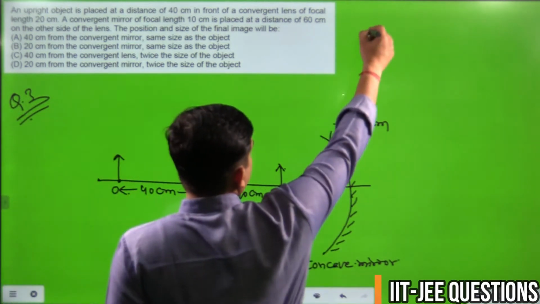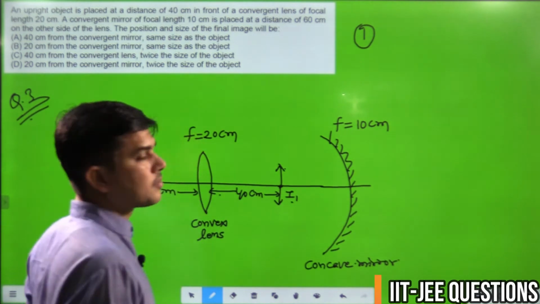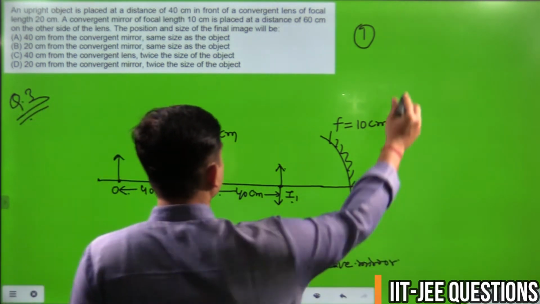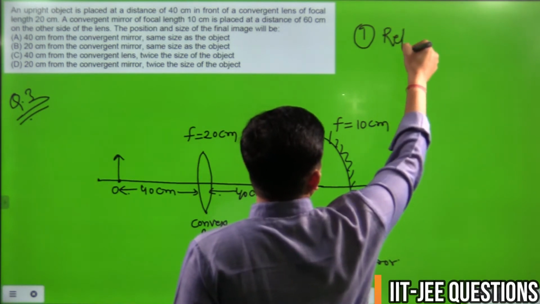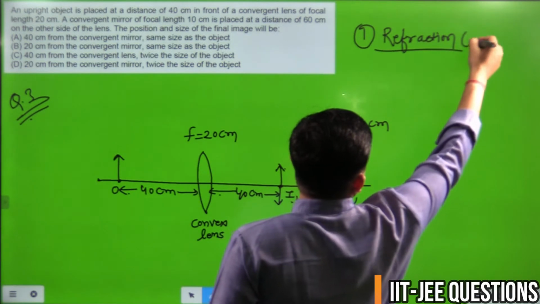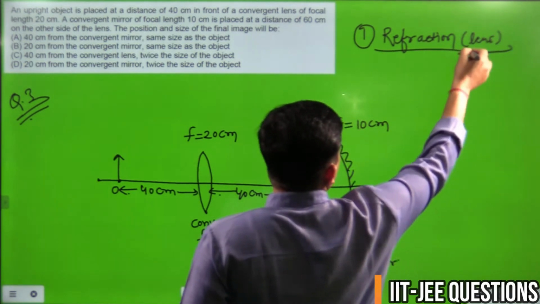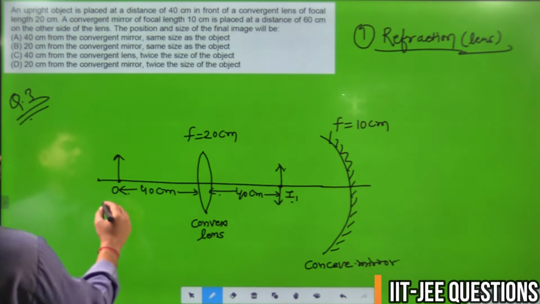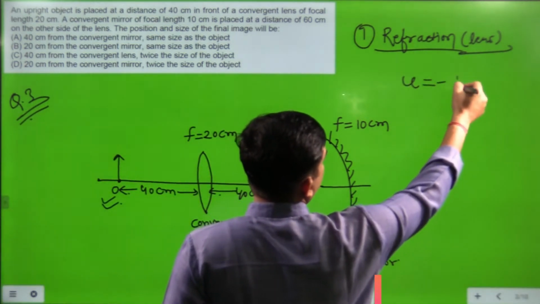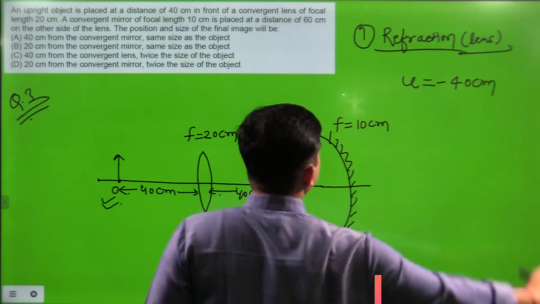Then in the first case, refraction through the lens, the object is placed, meaning u equal to minus 40 centimeter.